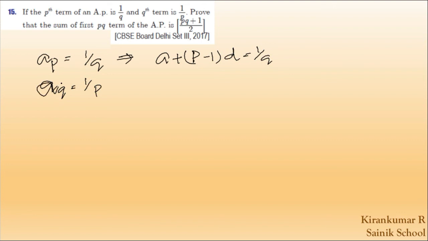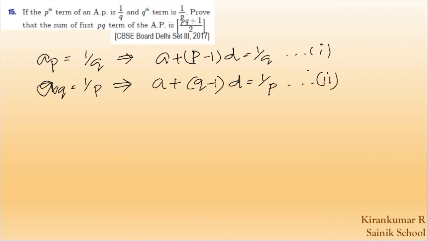This implies a plus q minus 1 into d is 1 by p. These are the two equations. We need to solve these two equations to find the a value and d value.